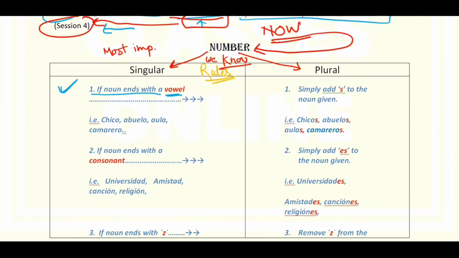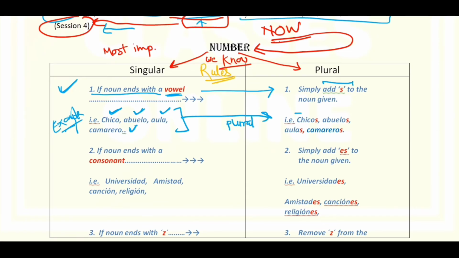First point is, if any noun is ending with a vowel, that is A, E, I, O, U in Spanish, simply you have to add S in that word to get the plural. First side, you can see examples in singular written: chico, abuelo, aula, camarero. These are 4 examples, and we are converting these to plural.